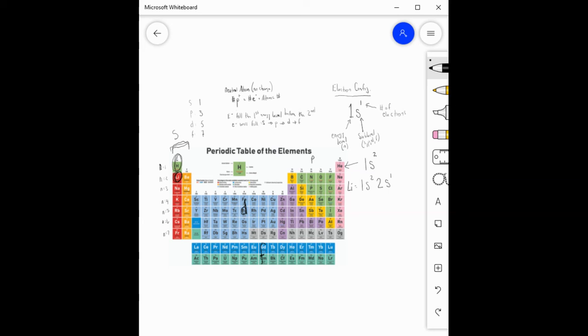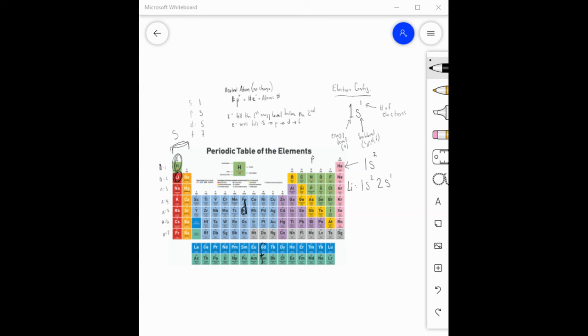Now what happens here is something called the Aufbau principle, which tells us that electrons enter sublevels with the lowest energy first. So these s sublevels have the lowest energy levels.